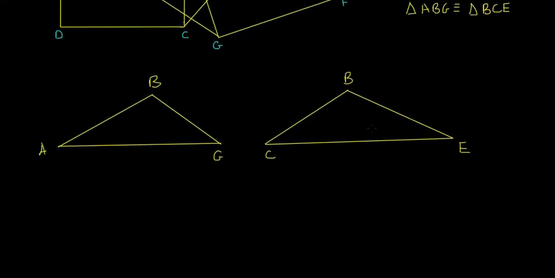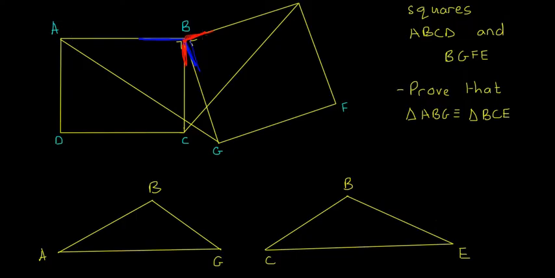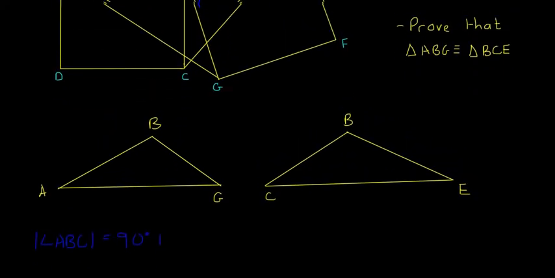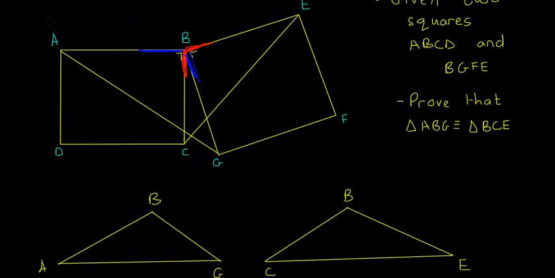First I'm just going to write out what this angle ABG is. I'll go in blue: the angle ABG is equal to 90 degrees plus, where I'm getting that from is this angle ABG is equal to this bit here, which is 90 degrees, the ABC, plus this little bit in the middle.